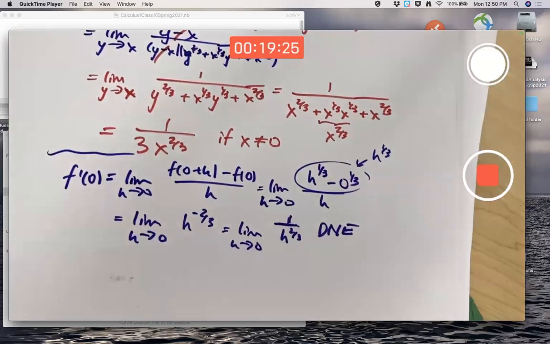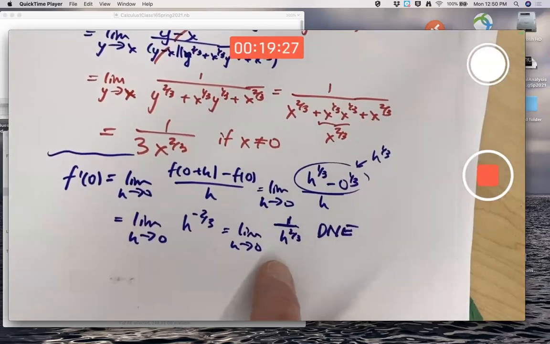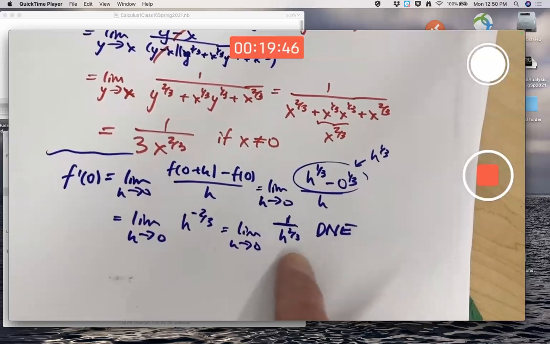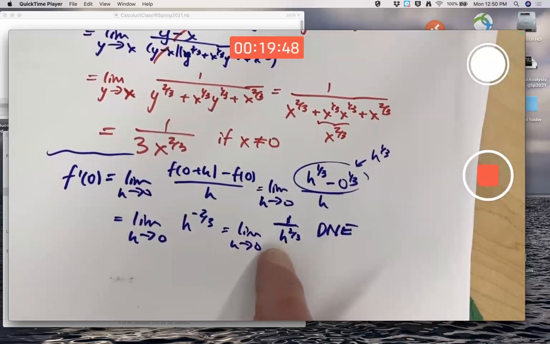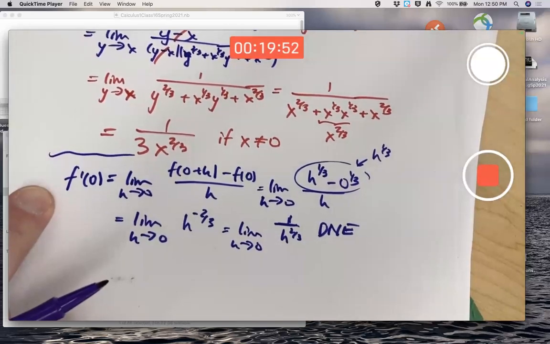And in fact, if you plug in numbers really close to 0 but not equal to 0, like 0.1 or 0.01 or 0.001, h to the 2/3 is also going to be really close to 0. 1 over a number really close to 0 is very, very large. This limit does not exist because this function of h goes off to infinity as h approaches 0, which does mean f prime of 0 does not exist.